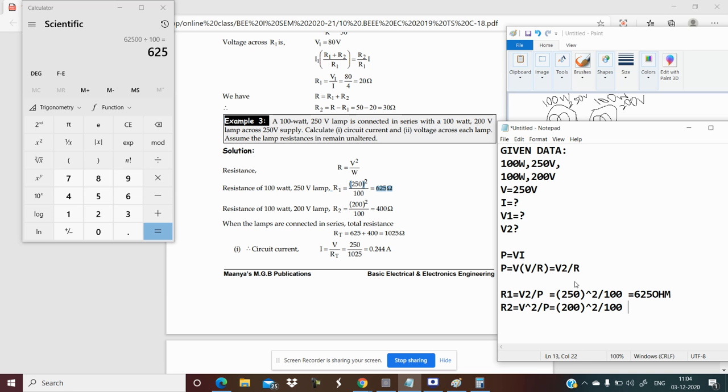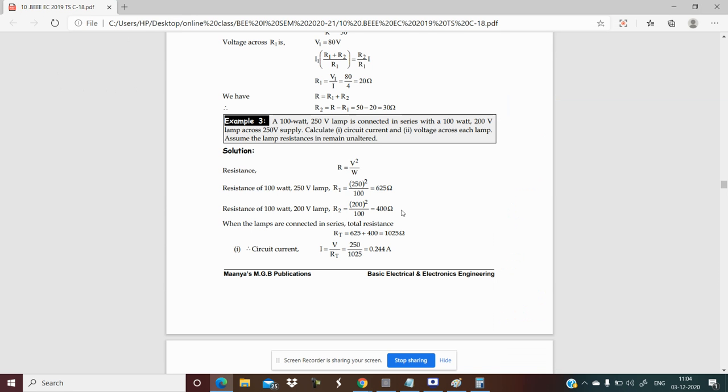So 200 into 200 divided by 100. The zeros get cancelled, and the remaining is 400. So 400 ohms is the second resistance value.